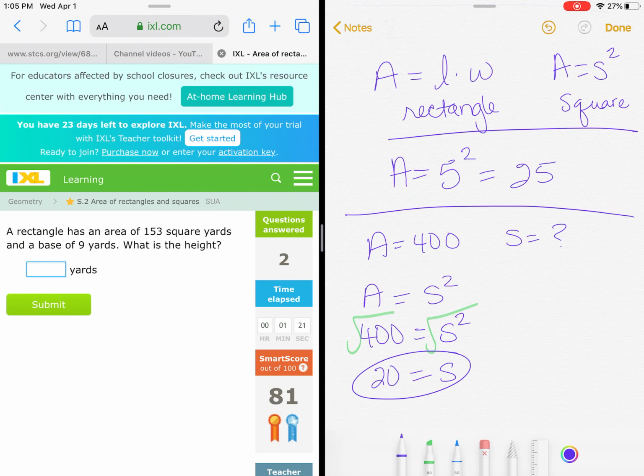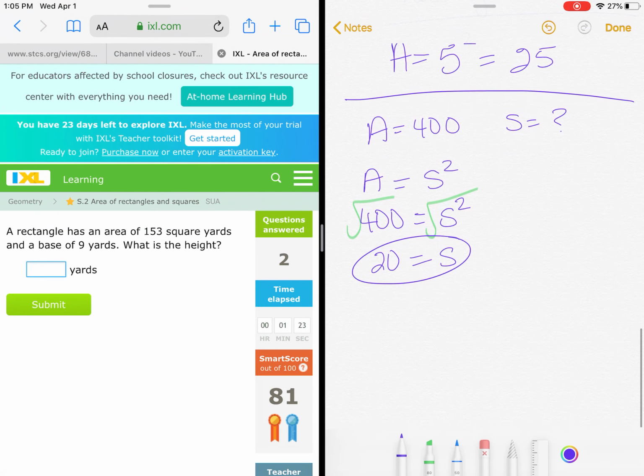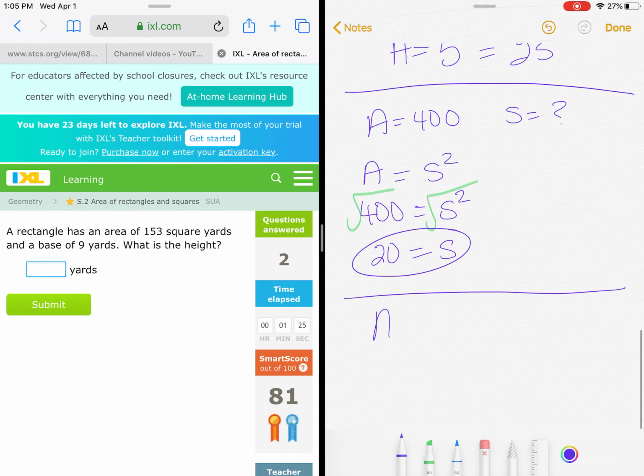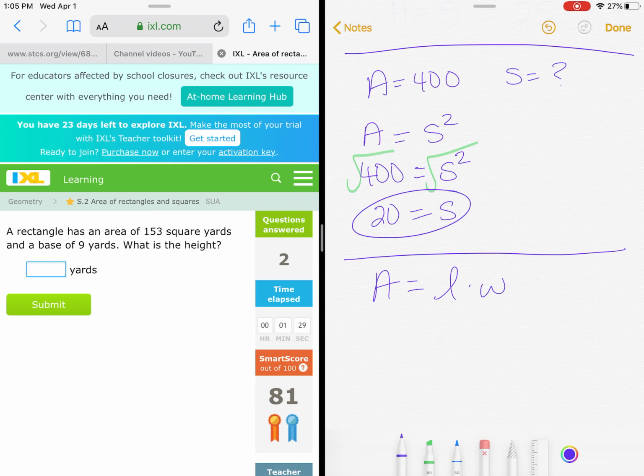There we go. Right, and then this one is a rectangle. So area is length times width. It tells you that the area is 153. Okay, so sometimes they do base times height, right?